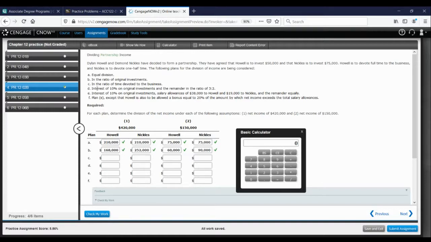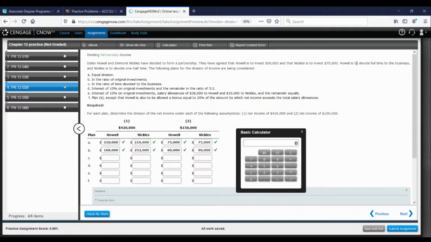In part C, we want to divide the partnership income in the ratio of time devoted to the business. In our instructions, they tell us that Hal is to devote full time to the business, and Nichols is to devote 1/2 time.